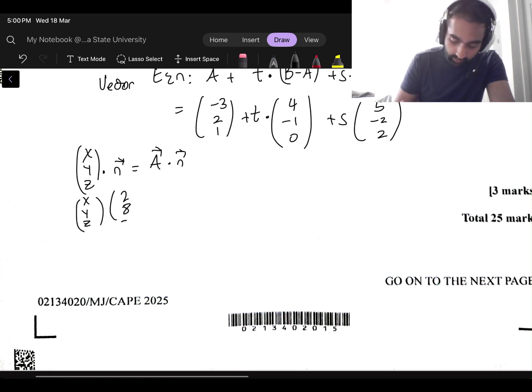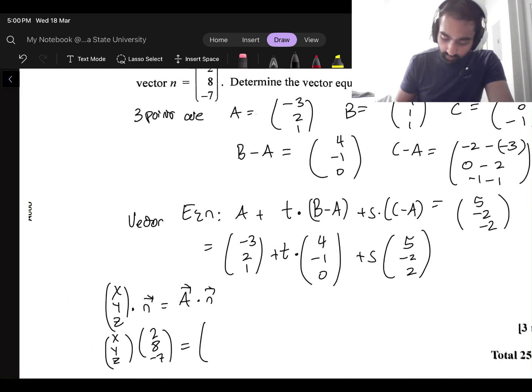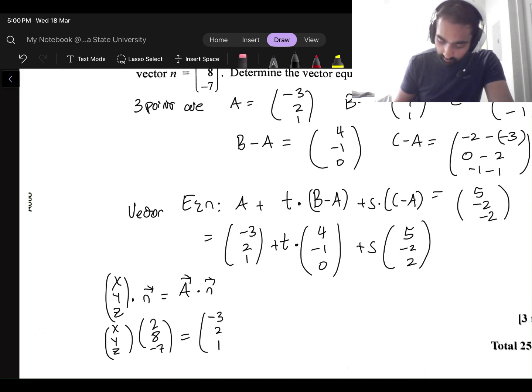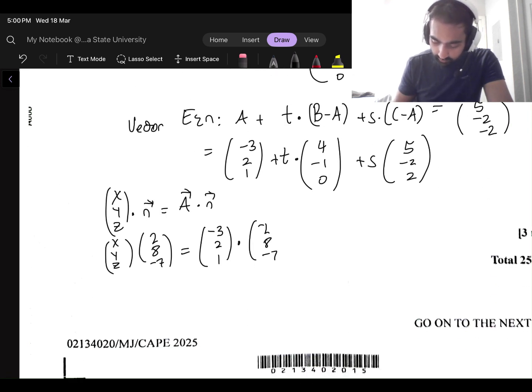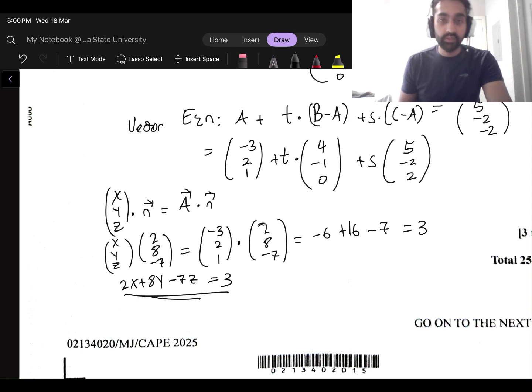So (x, y, z) dot (2, 8, minus 7) is equal to A, which is (minus 3, 2, 1), dot (2, 8, minus 7). If I do this right hand side, it's going to be minus 6 plus 16 minus 7, which is just 3. And then the left is going to be 2x plus 8y minus 7z equals 3. So that's the Cartesian equation for the plane, but they ask for the vector equation, so you should leave it like this.